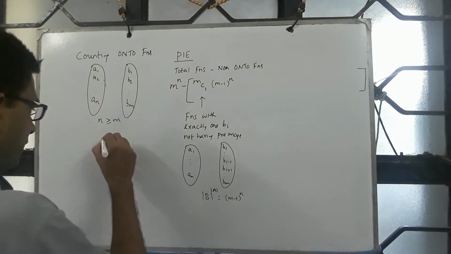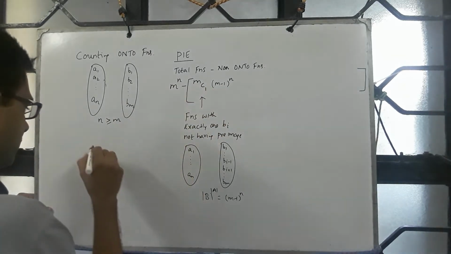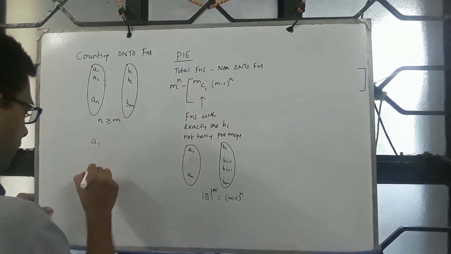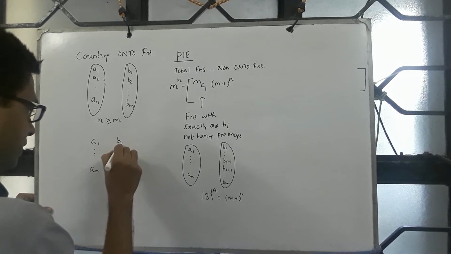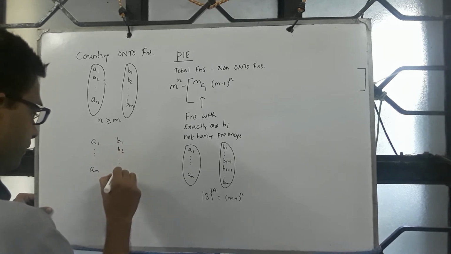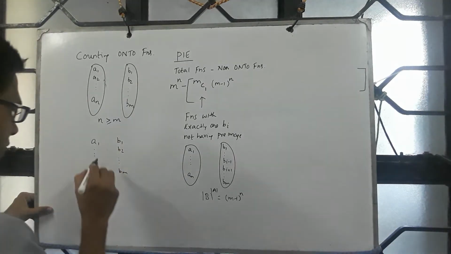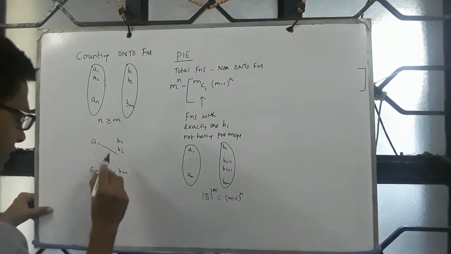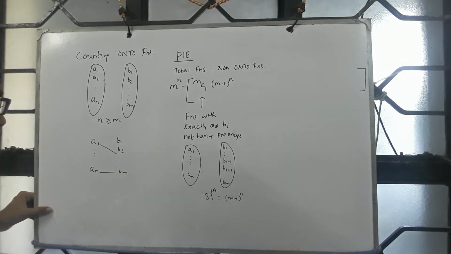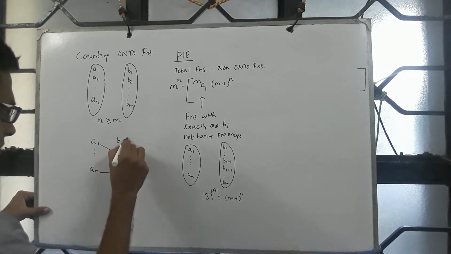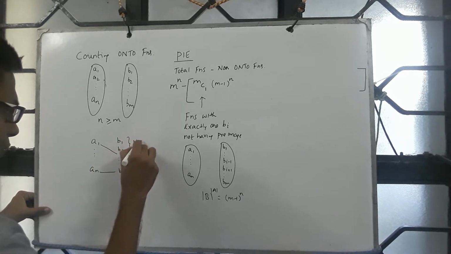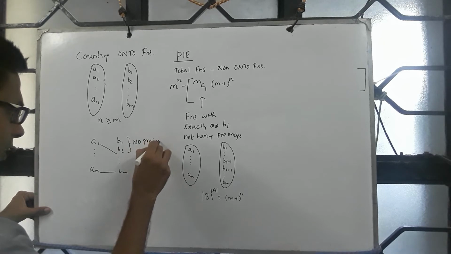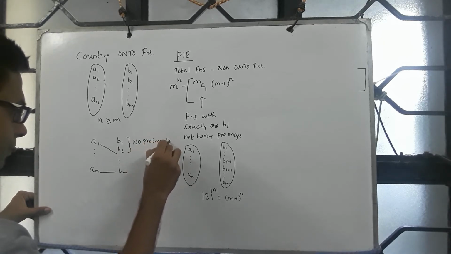So now if you look at this counting, you have a1 to an, say look at b1, b2. Supposing the mapping is such that something like this is there. Now here is a function in which there is no pre-image for b1, b2.